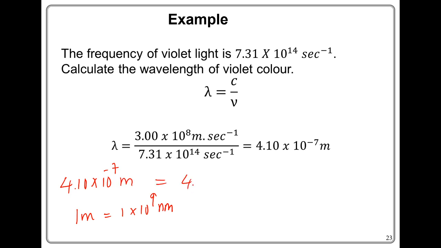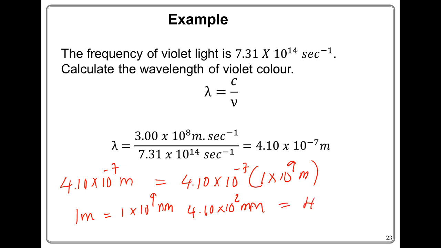So you have 4.1 times 10 to the power minus 7 times 1 times 10 to the power 9 nanometers per meter. What you get is 4.10 times 10 to the power 2 nanometers, which is just basically 410 nanometers as your final answer.